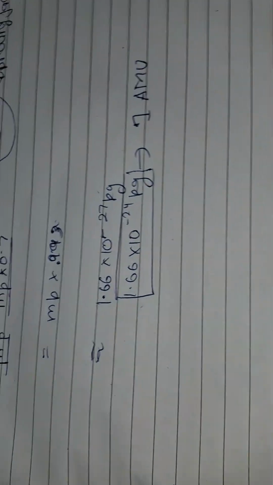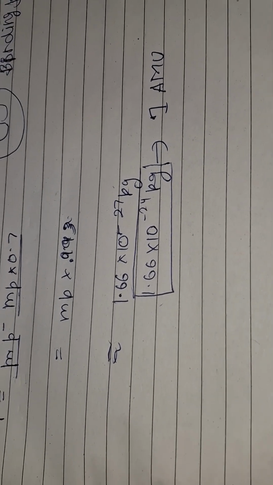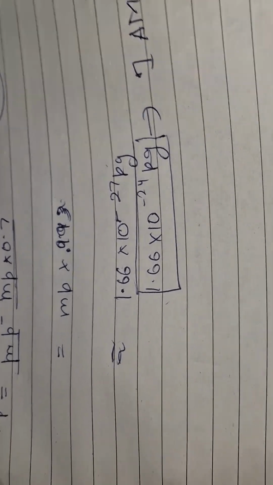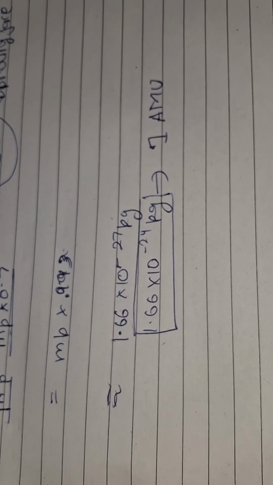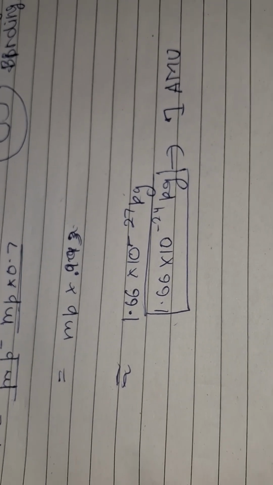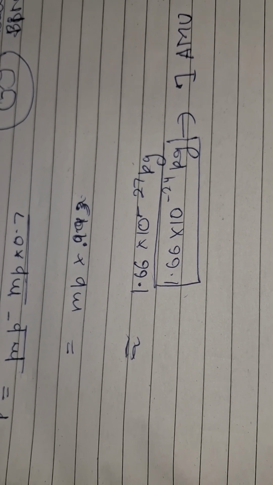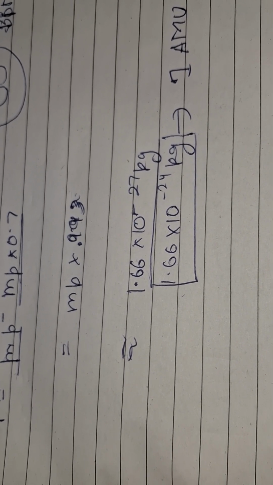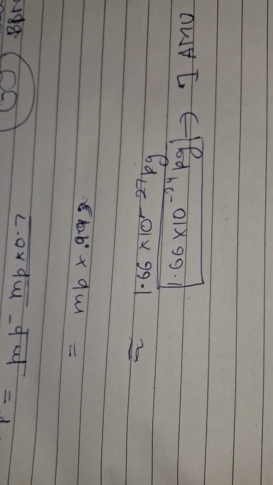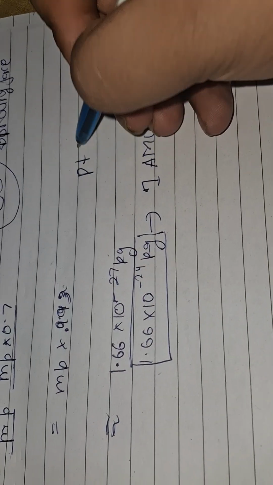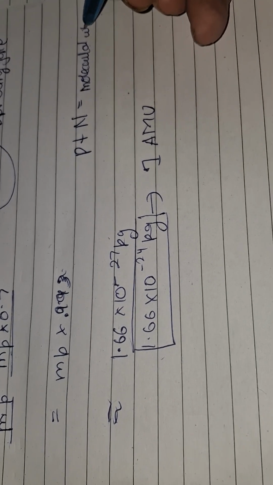Now if you have studied this topic before, you may know 1 AMU is defined as 1/12 of the weight of 1 carbon 12 atom. Basically, because there are 6 protons and 6 neutrons, protons plus neutrons equals the molecular weight of the compound.